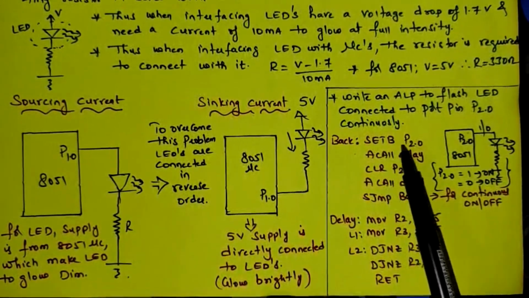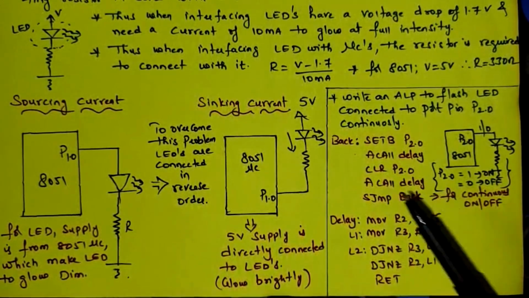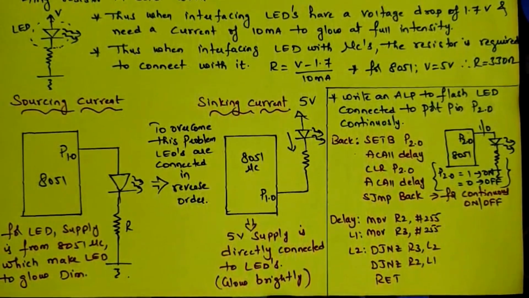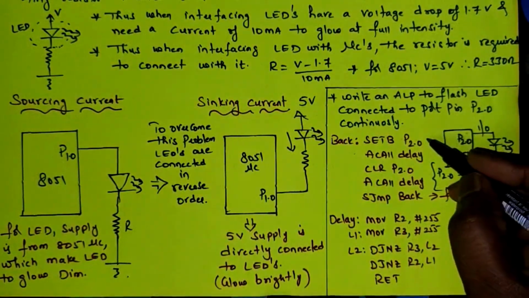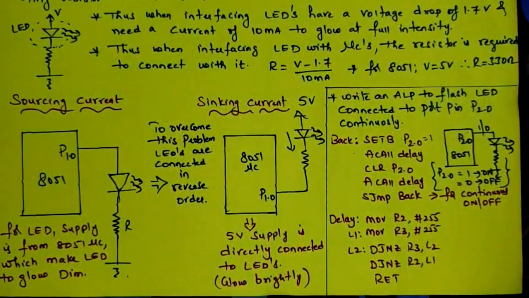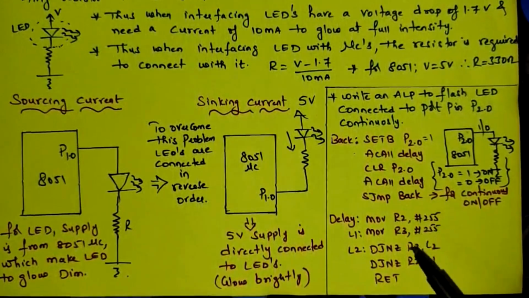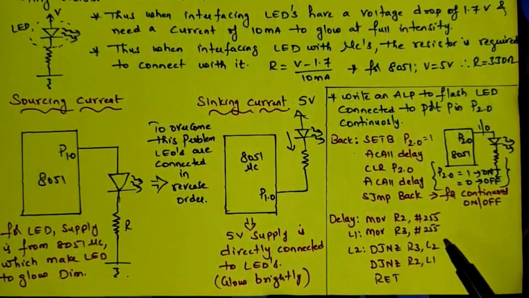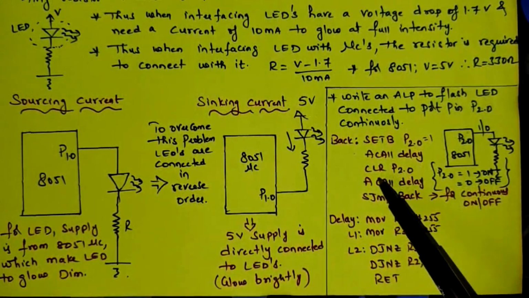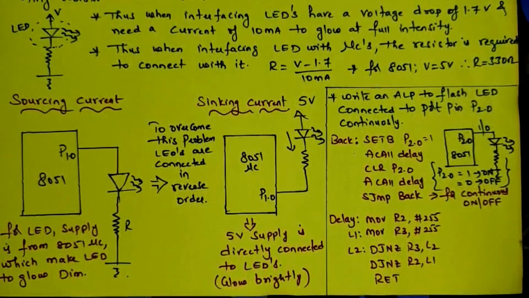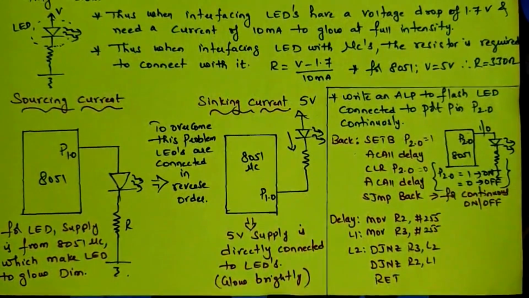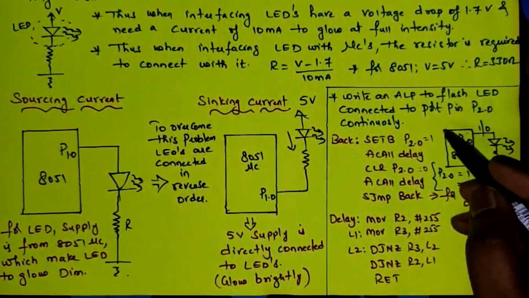SETB P2.0 means P2.0 becomes 1. Then ACALL DELAY: it will call this delay and wait for some time, and after some time CLR P2.0 means again P2.0 becomes 0, meaning the LED is off.